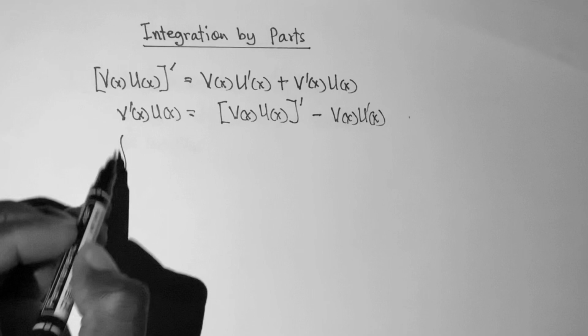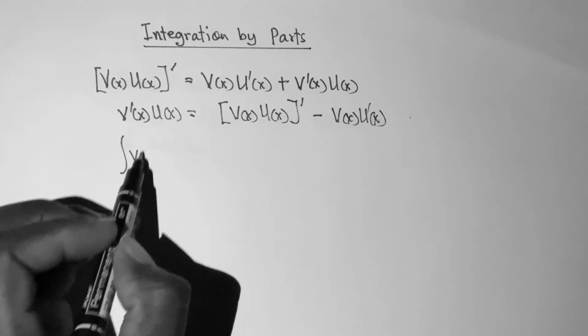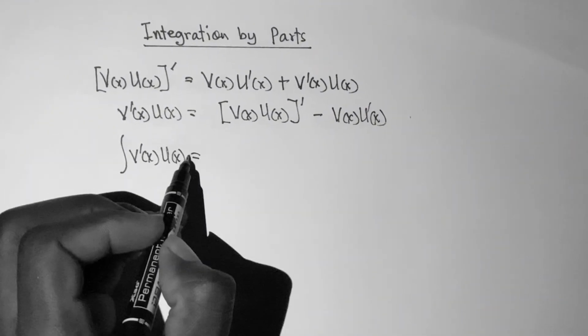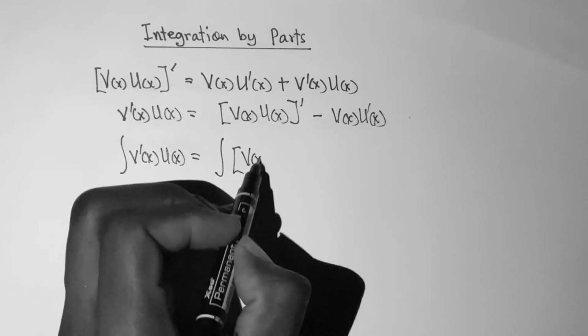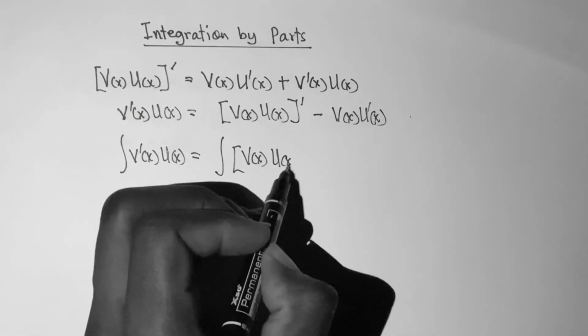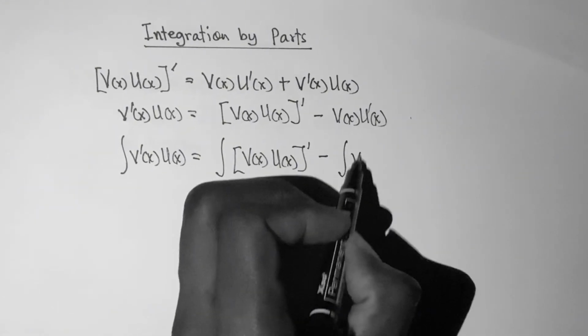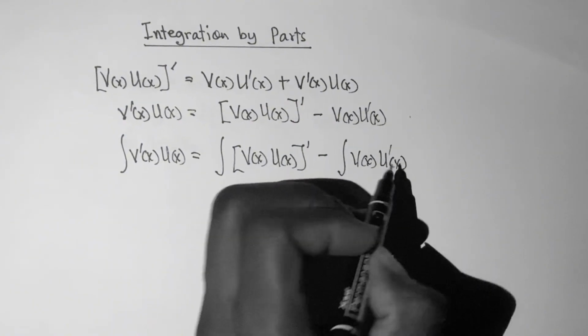So if we integrate, we are integrating everything. So we are integrating v prime of x, u of x, and this is equal to the integral of v of x, u of x prime, then minus integral of v of x, u prime of x.